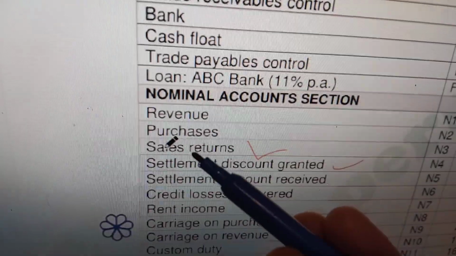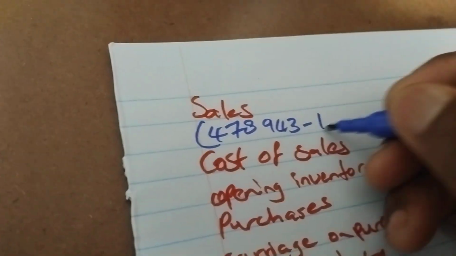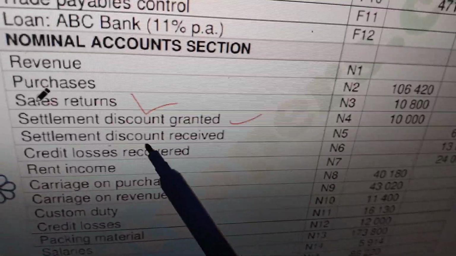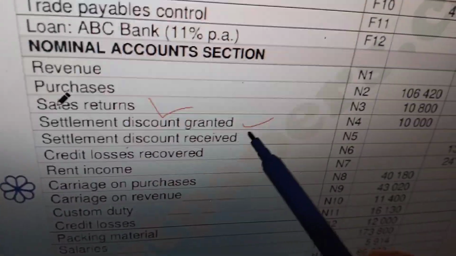478,943. We less the sales returns, which is 10,800. We also less the settlement discount granted, which is 10,000 rand.